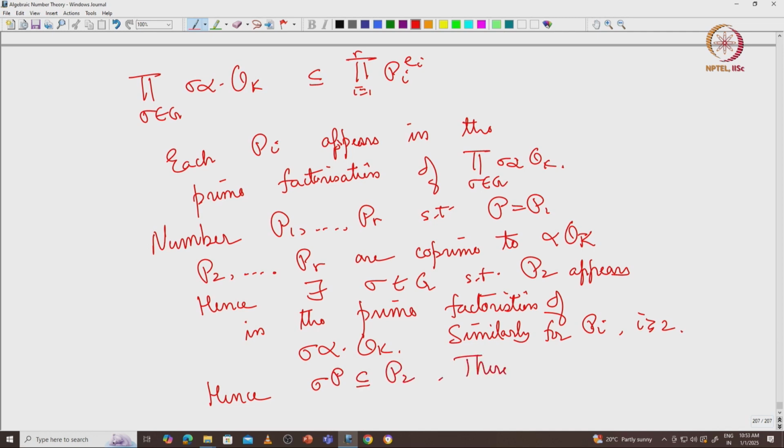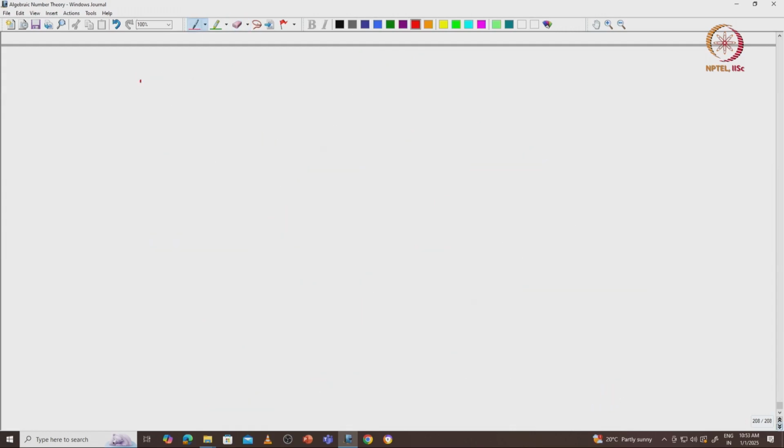Therefore, by the exercise, sigma of P is equal to P2 because they are both maximal ideals. So hence we get that G acts transitively on this set P1 up to PR.